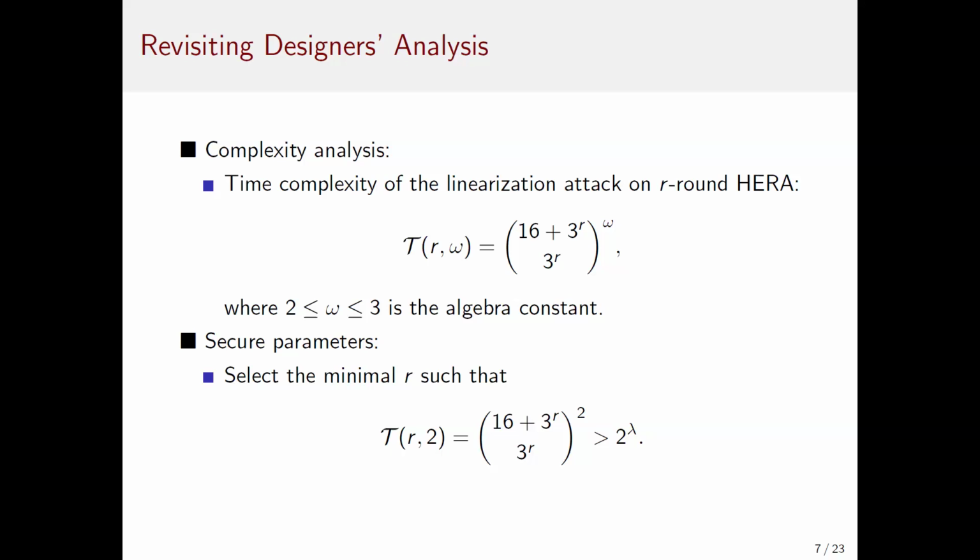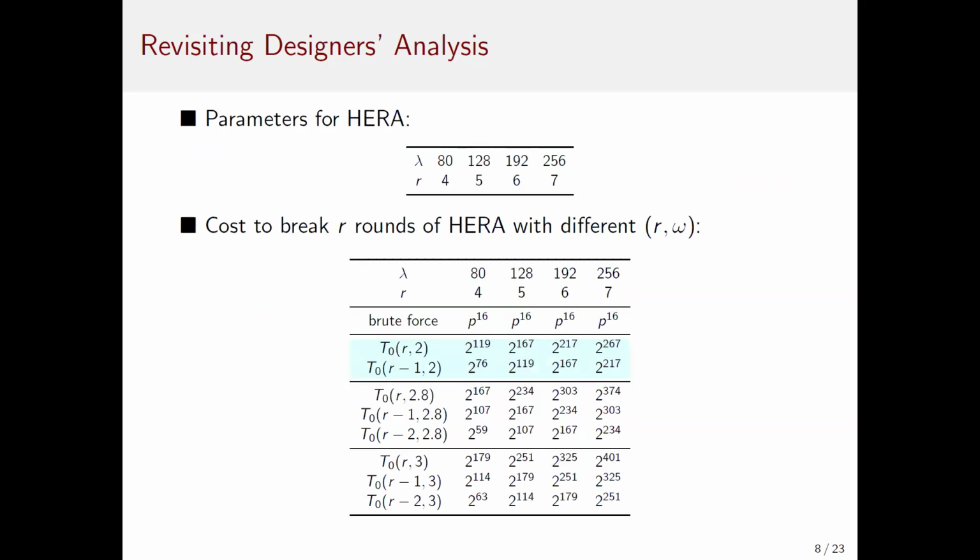They choose the minimal R such that the complexity is larger than 2 to the lambda, because it has to provide lambda bit security. So as you can see, there are 4 different parameters. To understand the concrete costs, we calculate the cost to break R rounds of Hila with different R and omega with the linear relation attack.